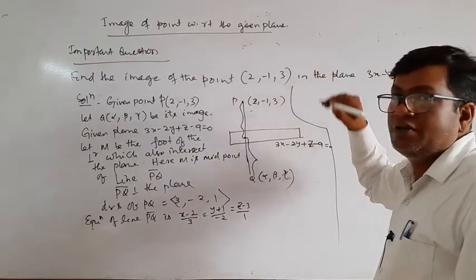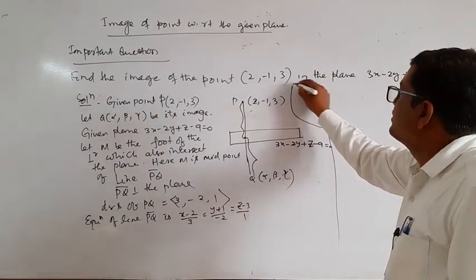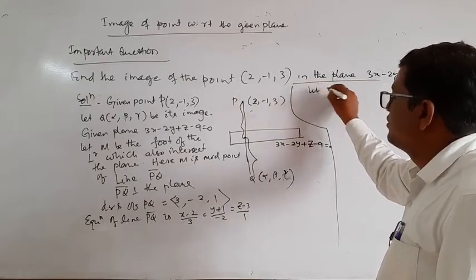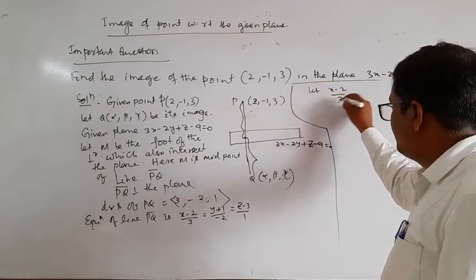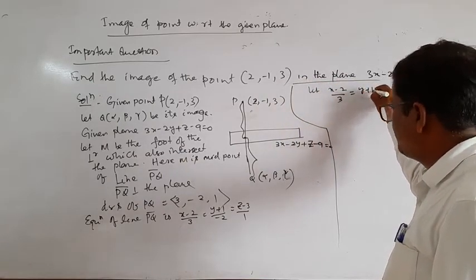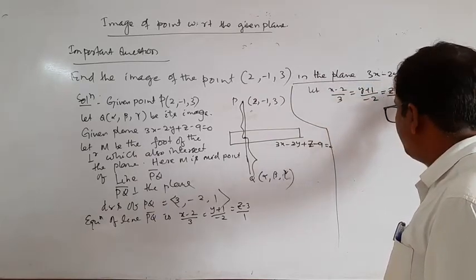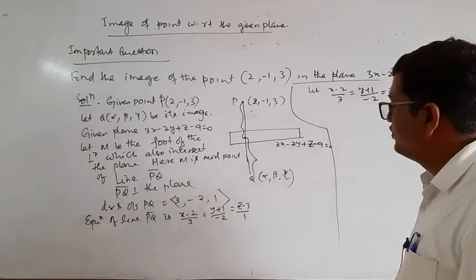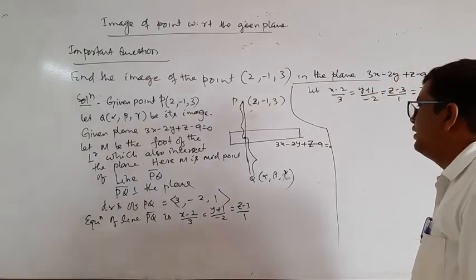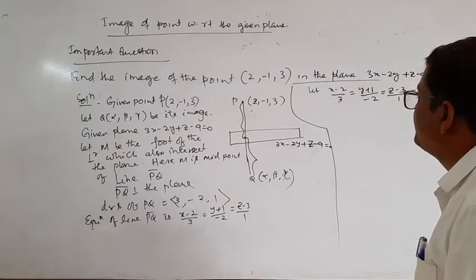Let (x minus 2)/3 equals (y plus 1)/(minus 2) equals (z minus 3)/1 equals lambda.